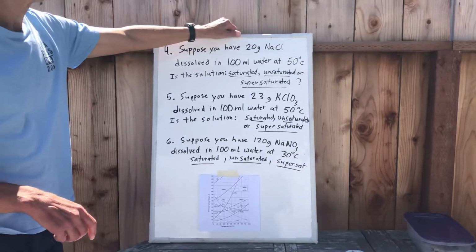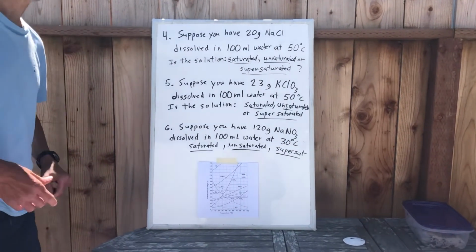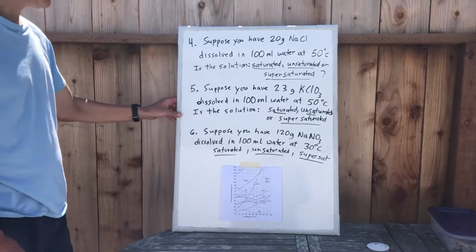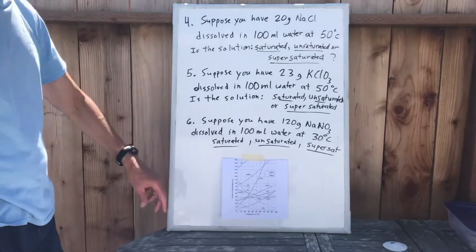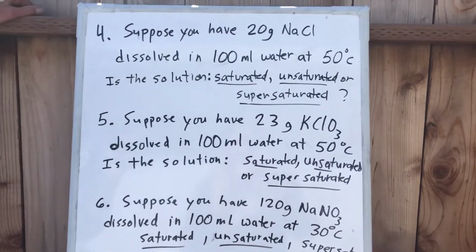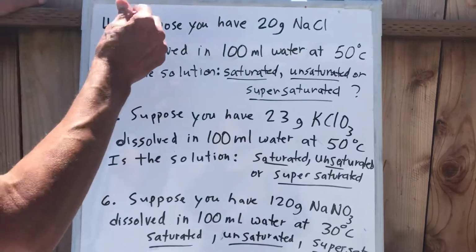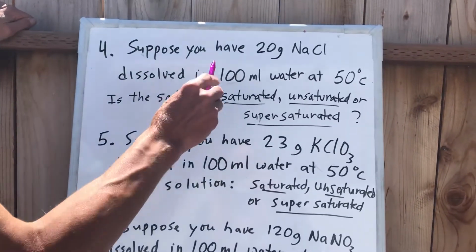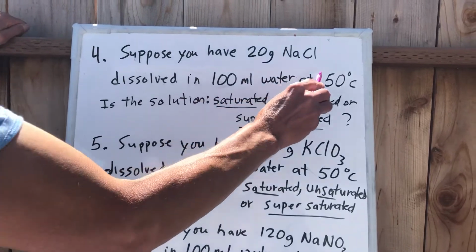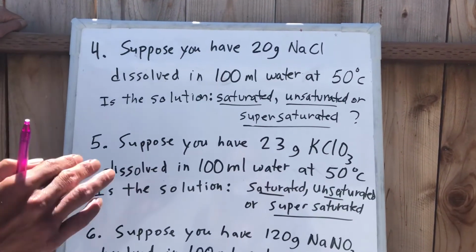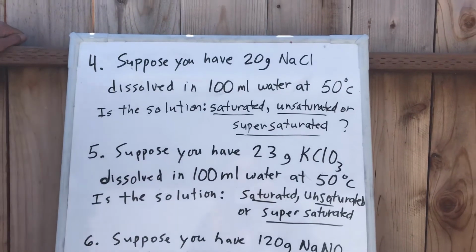On the back side, I would recommend you copy these down and then pause it, but I'm just going to go right through them, and we're going to be looking at the solubility curves here. In the first case, you have 20 grams of sodium chloride salt dissolved in 100 milliliters of water at 50 degrees. The question is, is the solution saturated, unsaturated, or supersaturated?